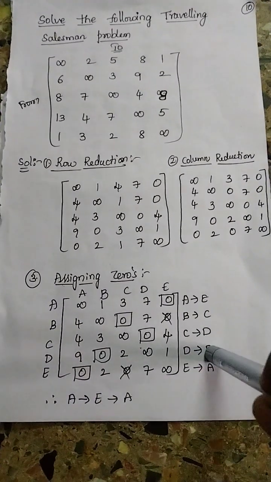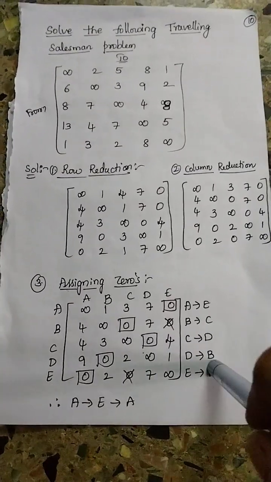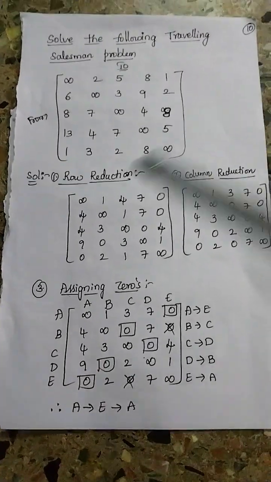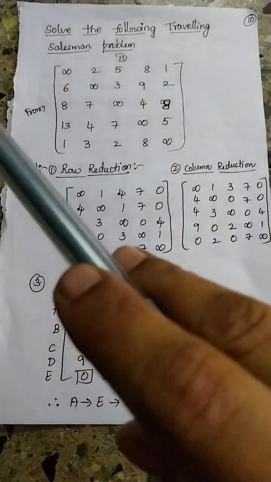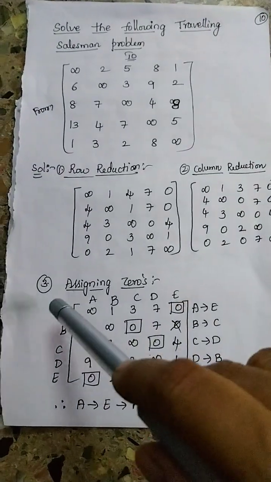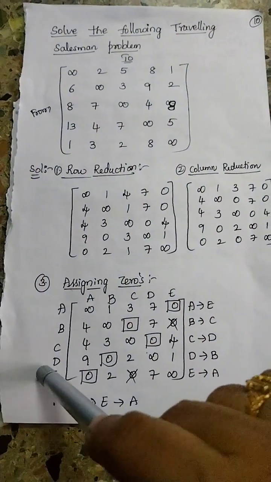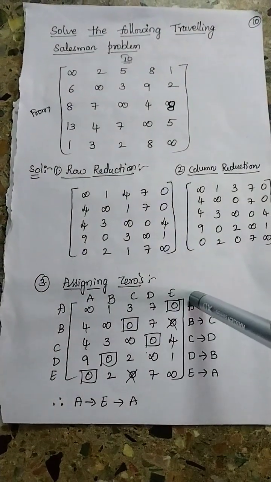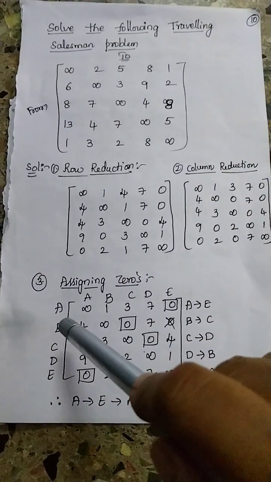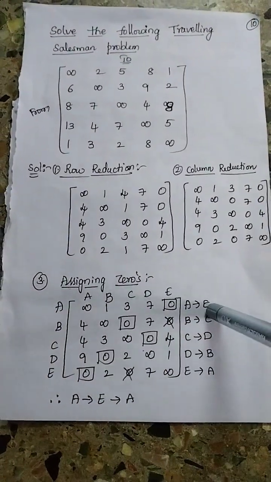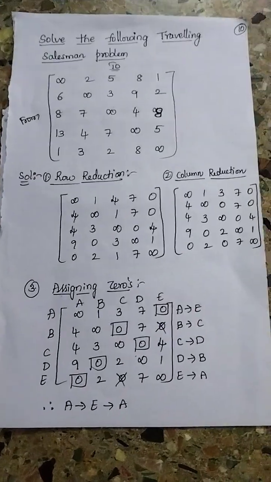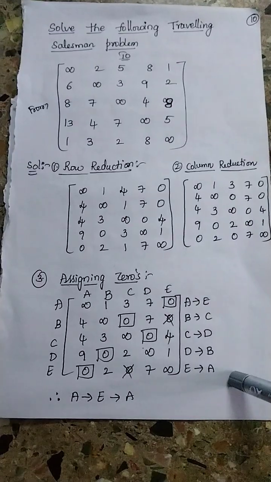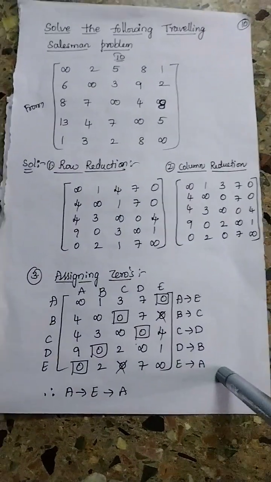Now, you got an optimal solution and you have to check whether it is a broken route or an unbroken route. How are we going to check that? Here we have from the city to the city. So, what are the cities here? From the cities A, B, C, D, E and to the cities A, B, C, D, E. We have the assignment as A to E, B to C, C to D, D to B and E to A. So you have to check whether you got a broken route or an unbroken route.